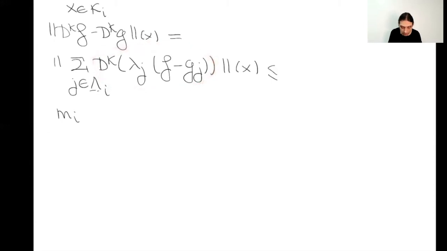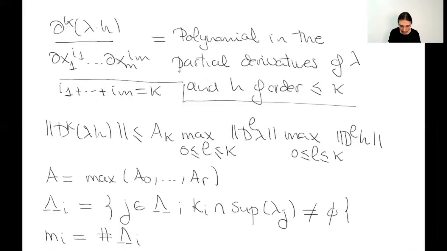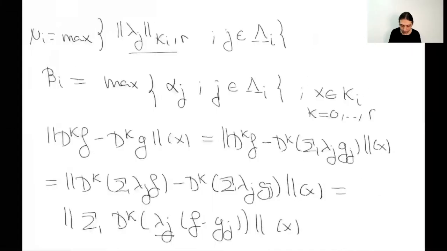But this is the product of a function and a map. So we know that the estimate for the k derivative is going to be less or equal than A_k, capital A_k, okay? But here we have that the capital A_k's are less or equal than capital A.